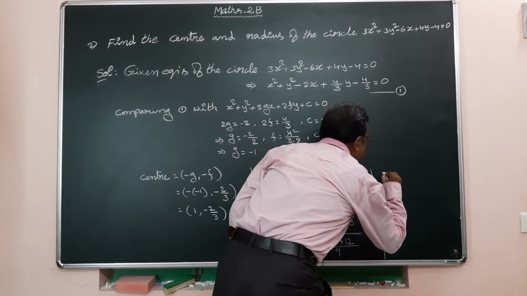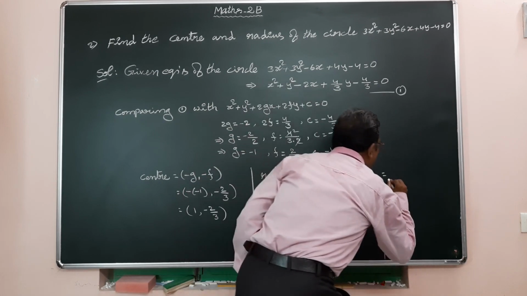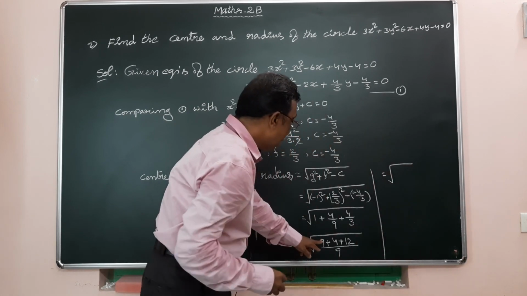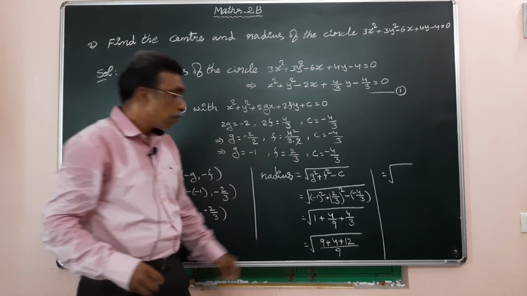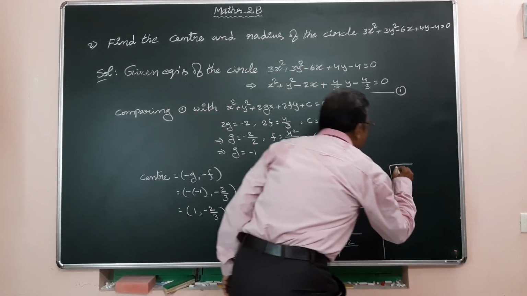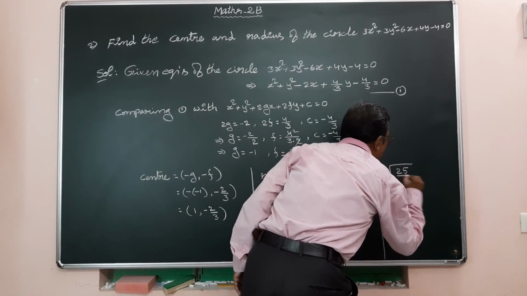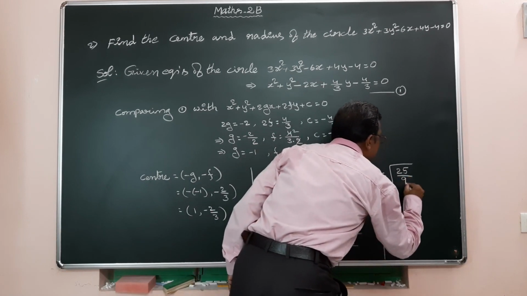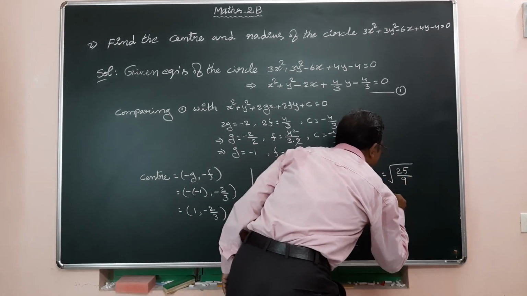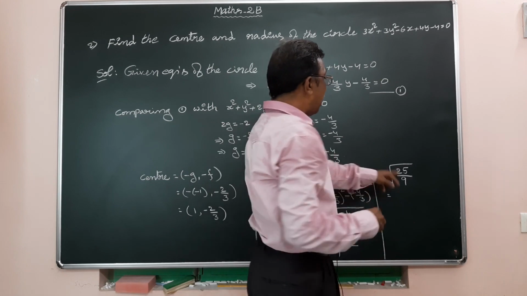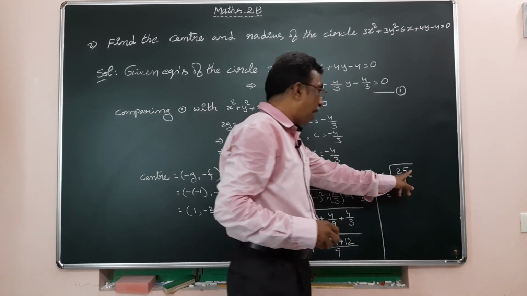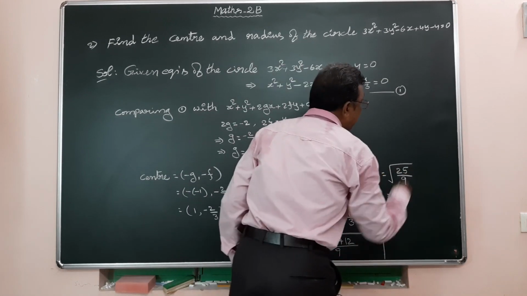That equals square root of 9 plus 4, 13, 13 plus 12, 25, so 25 by 9. What is the square root of 25? 5.